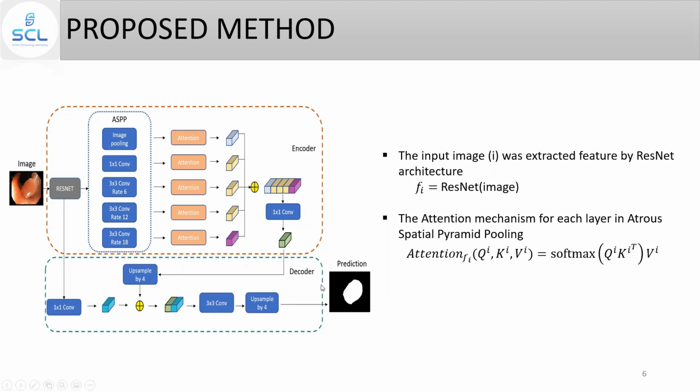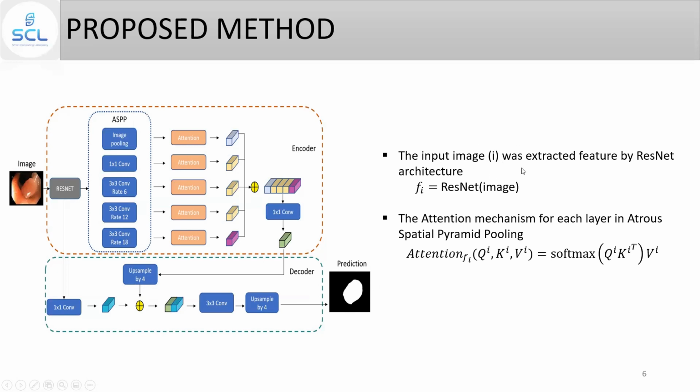In the decoder path, we use the features from the one by one convolution layer in ResNet and concatenate them with the output of the encoder. Then we get the prediction mask like this.